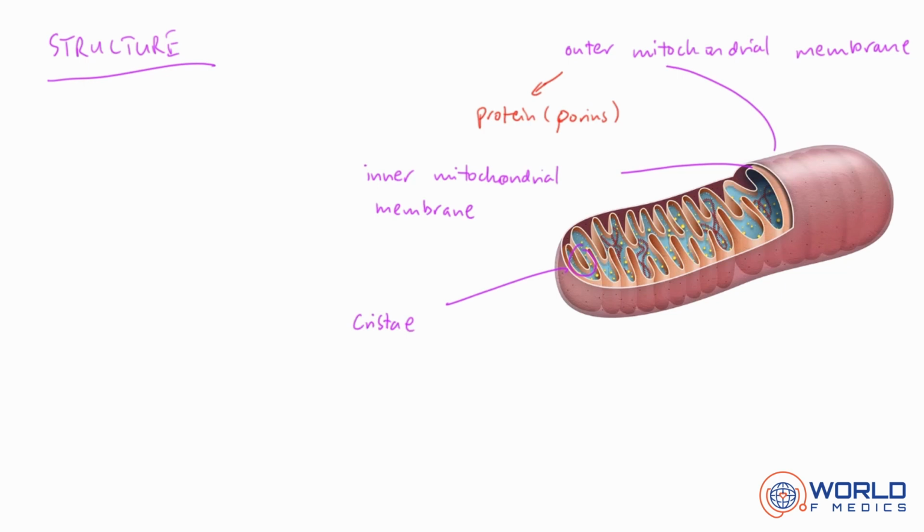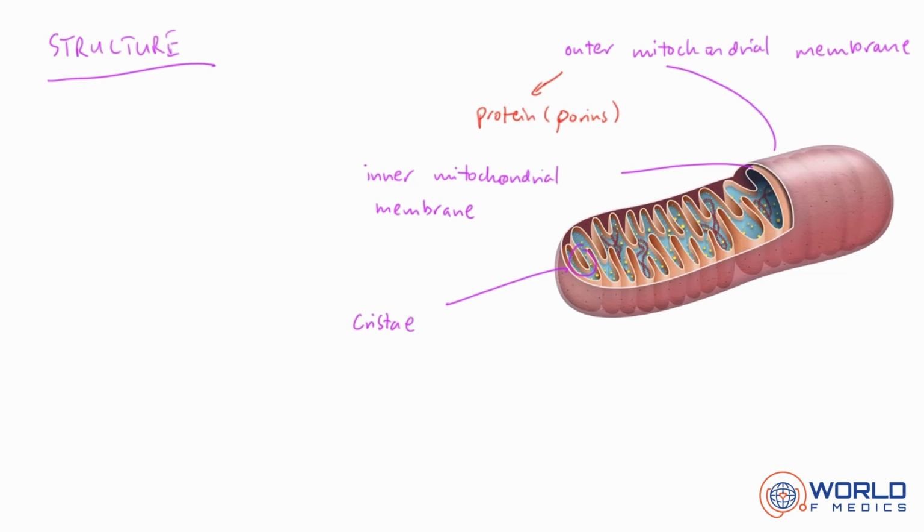Cristae, okay? And the reason for them is to create a larger surface area for the chemical processes to take place for respiration, aerobic respiration, and the production of ATP. Because the more surface area there is, the more chemical reactions and the more enzymes can work, and the more ATP can be produced. Okay, simple as that.